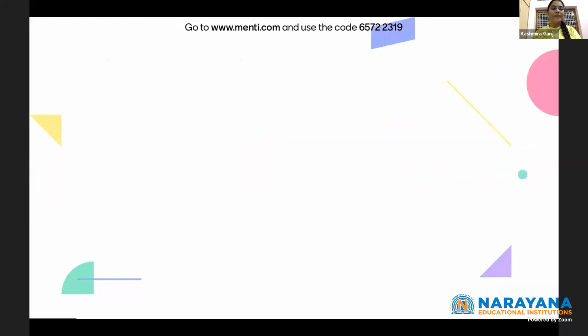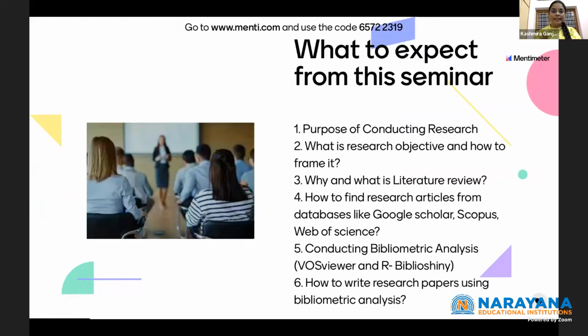So today we will discuss how to conduct a research, how to frame a research objective, what a literature review is and what the different types of literature review are. And also we will walk you through the process of searching articles, finding a base paper, and how to retrieve articles from different databases like Google Scholar, Scopus, Web of Science.